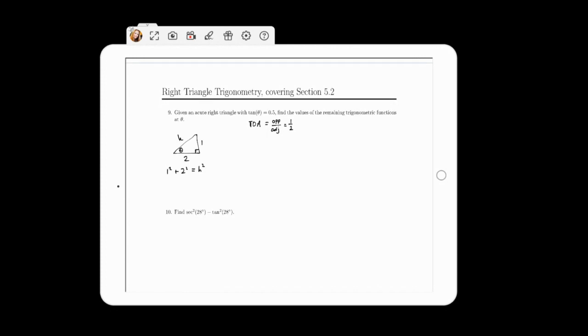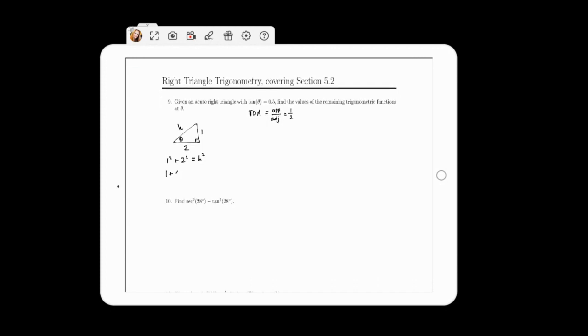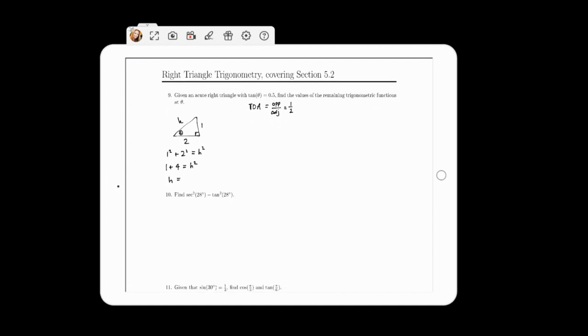Simplifying this, I get 1 plus 4 equals h squared, and 1 plus 4 is 5. So h equals the square root of 5.